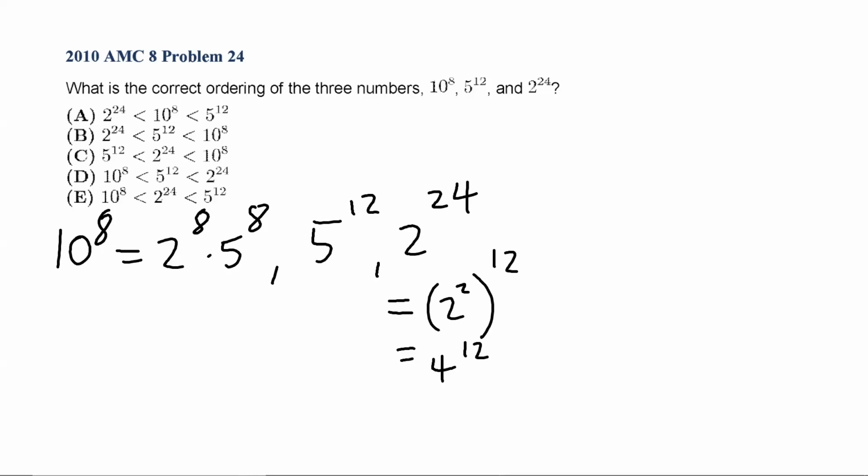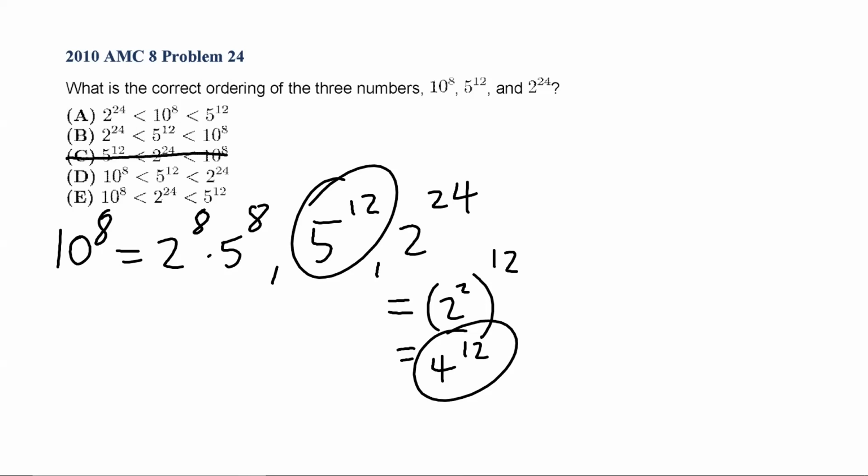So 4 to the 12 is obviously less than 5 to the 12, which means that 2 to the 24 is less than 5 to the 12. So that immediately eliminates some options. That eliminates C. That eliminates D. And that is it.